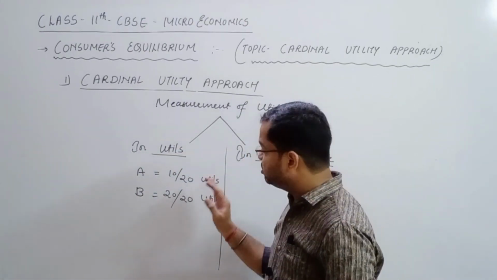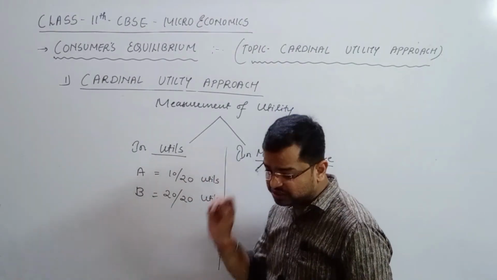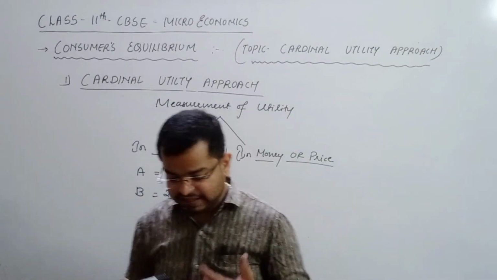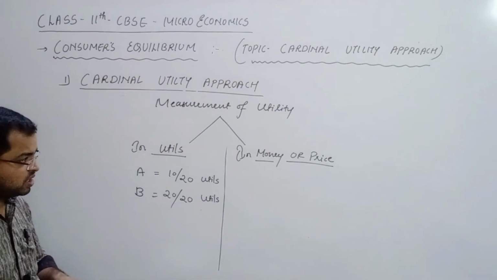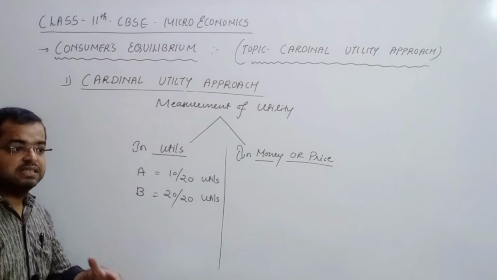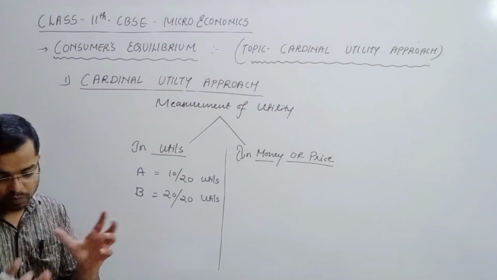One limitation of calculating utility in utils is that it cannot be taken as a standard unit of measurement, because it is different from person to person, time to time and place to place.